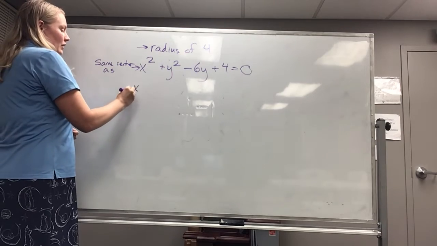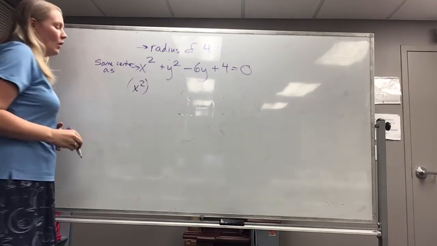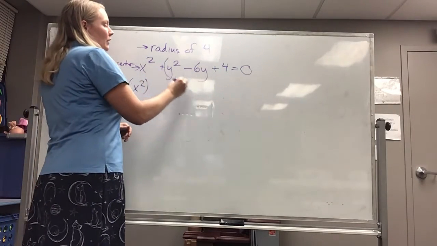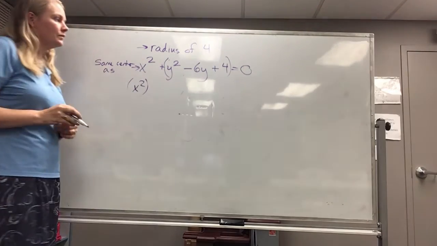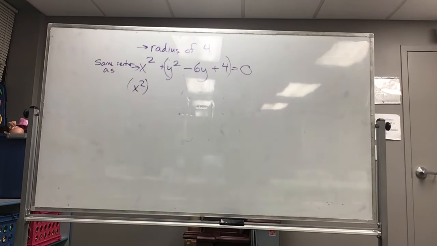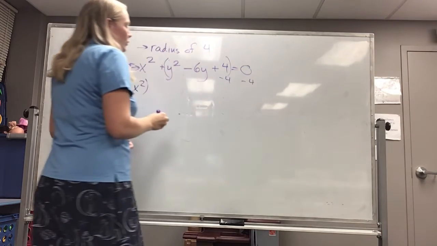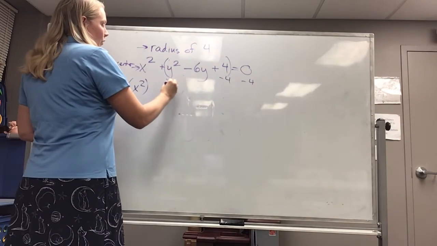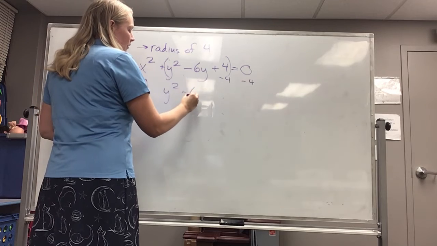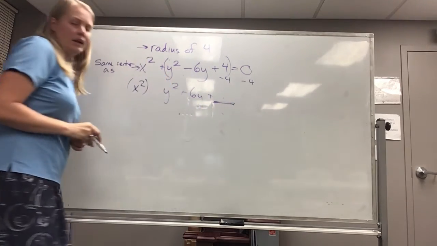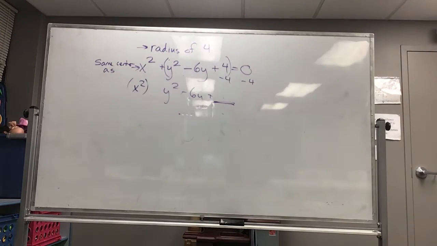But the good news is that x squared is just x squared, and we can hold that off to the side and look at this piece. And this is going to get into completing the square territory. We're going to subtract the 4 over, so we can concentrate just on y squared minus 6y, and then plus something in order to make it a perfect square.